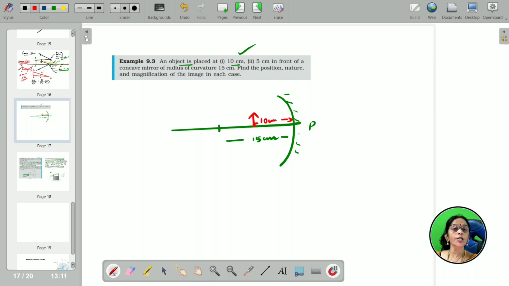We know that r is equal to 2f, therefore f is equal to r by 2, which is 15 by 2 centimeter. Find the position, nature and magnification of the image.